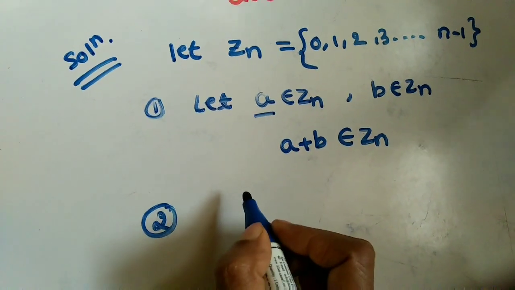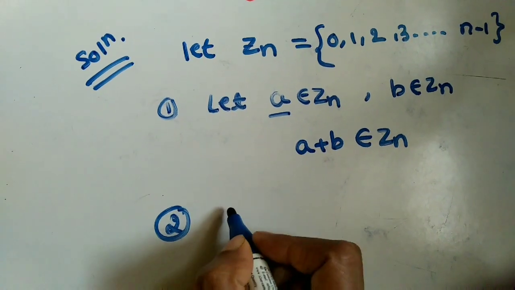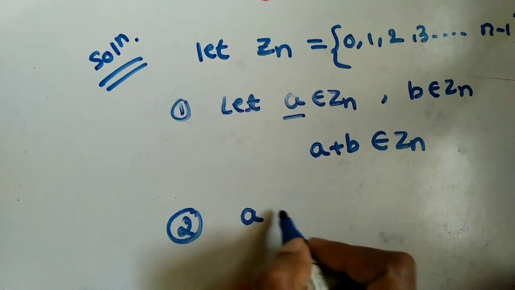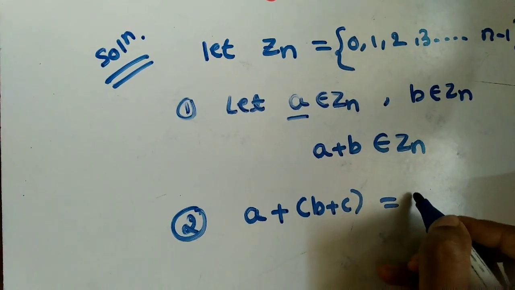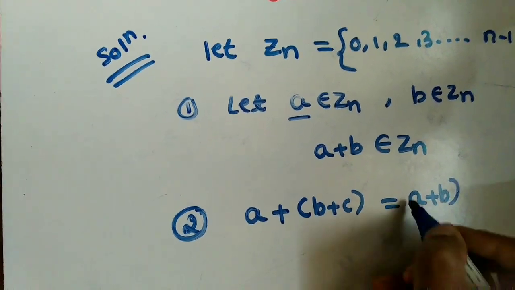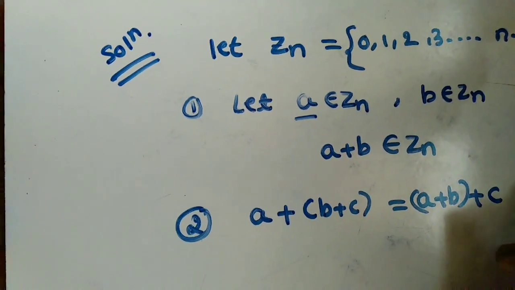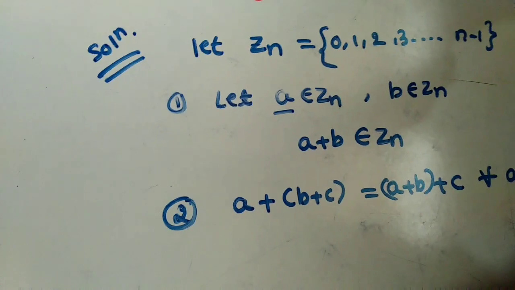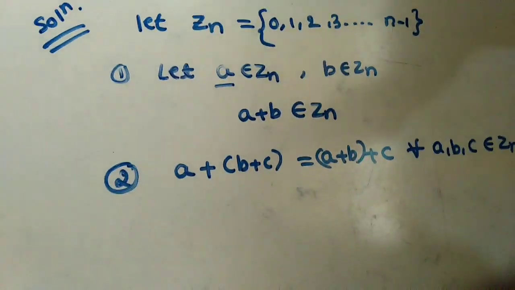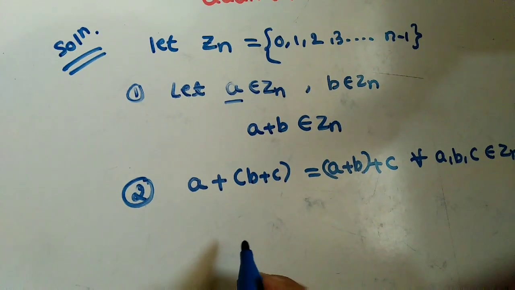For the associative law, what is our condition? (a + b) + c equals a + (b + c), for all a, b, c belonging to Zn. Just look here, guys.